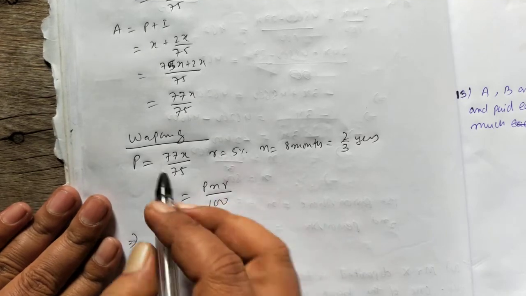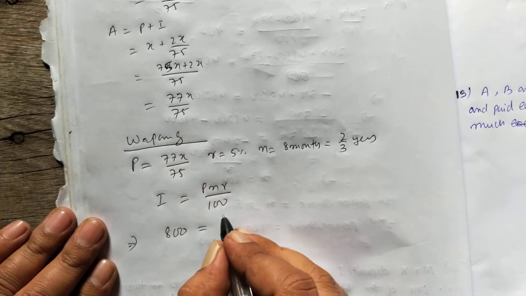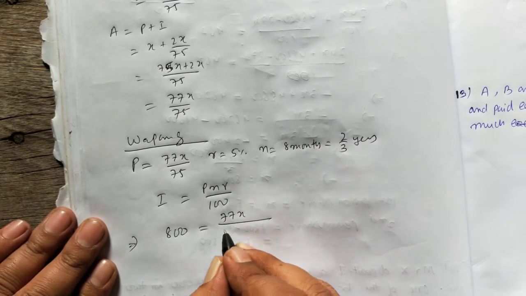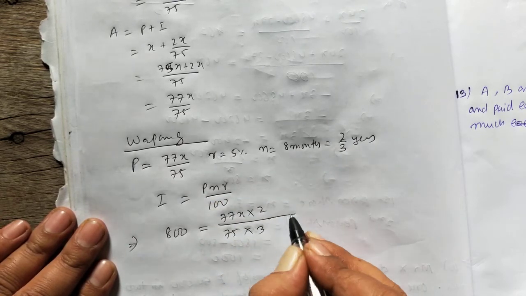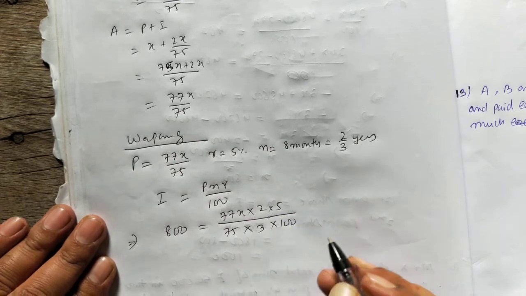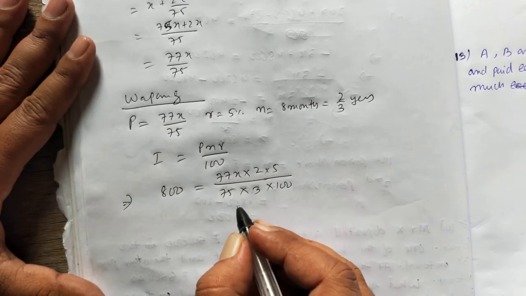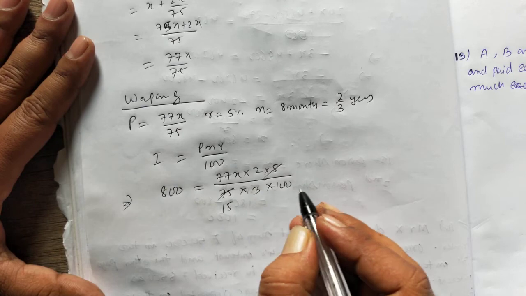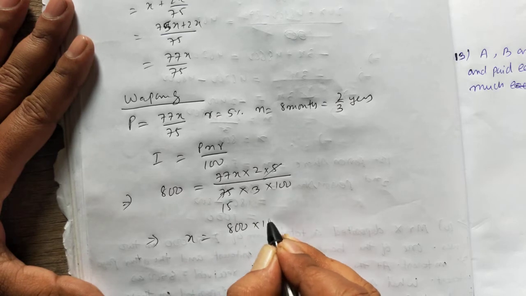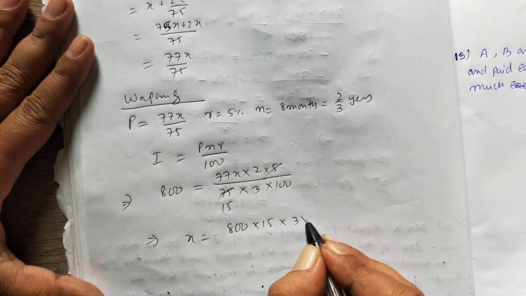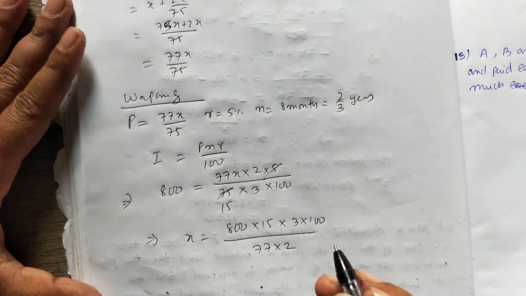In this situation, Mr. Atuka is earning an interest of 800, and the P is 77x by 75, N is 2 by 3, and R is 5, and downside 100. Whichever you can cancel, 5, 15, can't cancel anymore, so x will be 800 into 15 into 3 into 100 by 77 into 2.